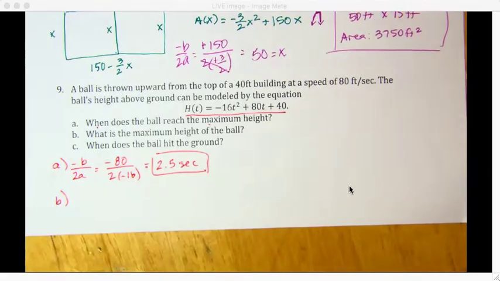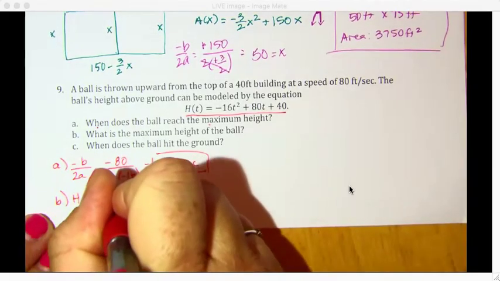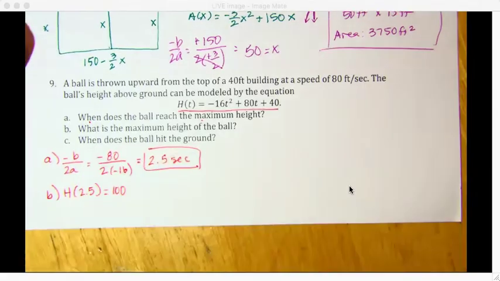Part B is asking us, what is the maximum height of the ball? So I can find h of 2.5, and I can find out what that height is at 2.5 seconds. So 16 times 2.5 squared is 100. And then 80 times 2.5 is 200.